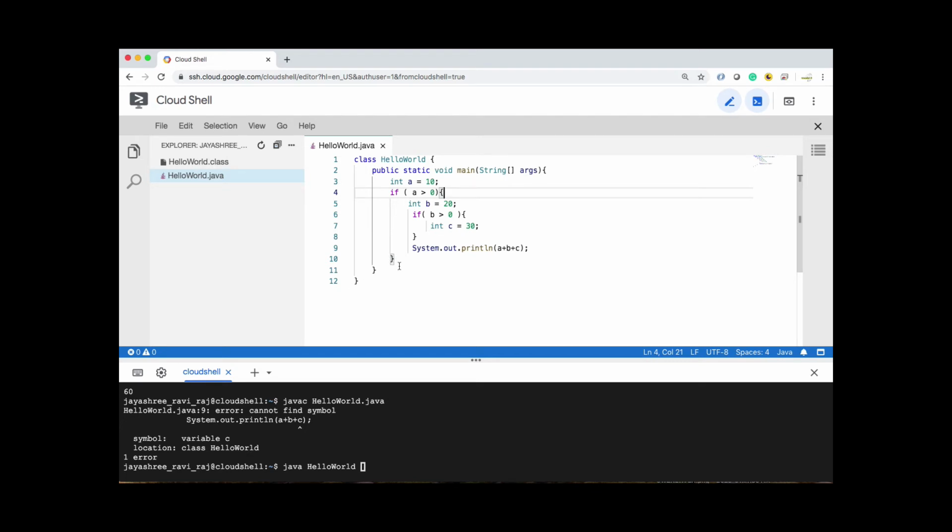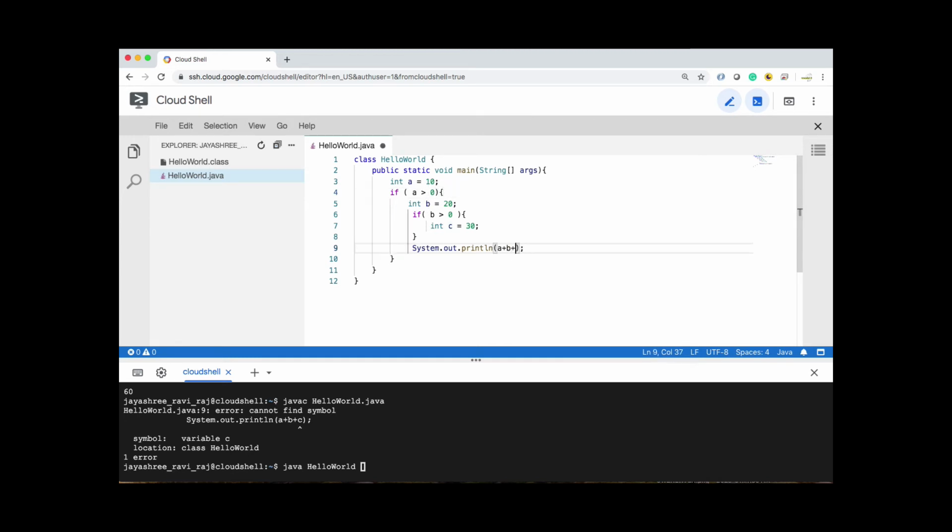And at this point, at the outer block level, it cannot see C because C is declared in the inner block. However, it can actually see A and B because A is part of the outer block, so all the inner blocks can see anything that is declared outside of it. And then B itself is declared within this block, so with A and B it doesn't have any issues.